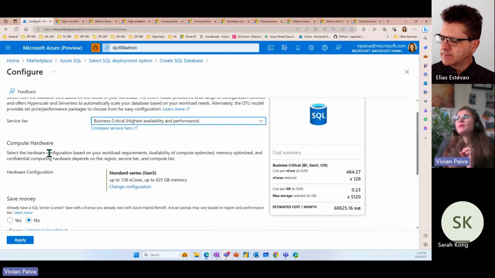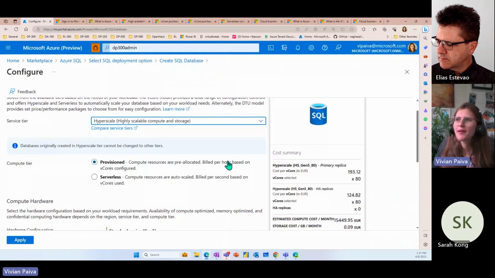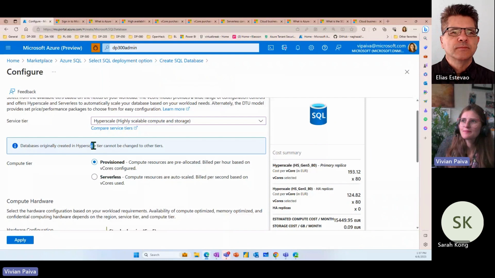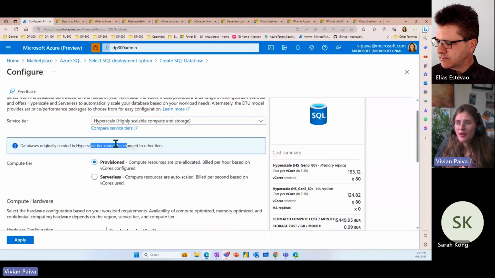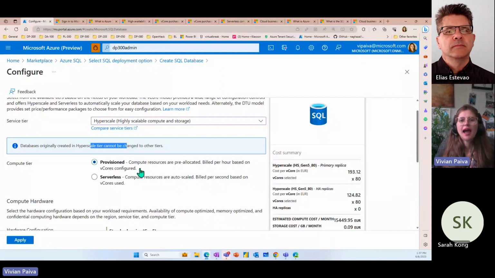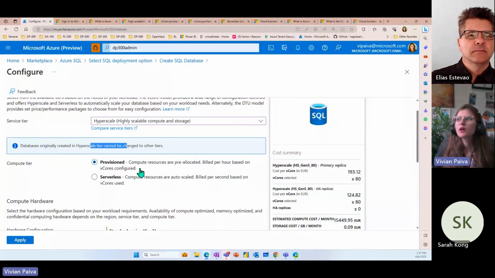Okay. Then we have another kind of service tier that's called hyperscale. Serverless right now is in preview for hyperscale, if I'm not wrong. Hyperscale is a good choice when you need high performance and you are working with really large databases.